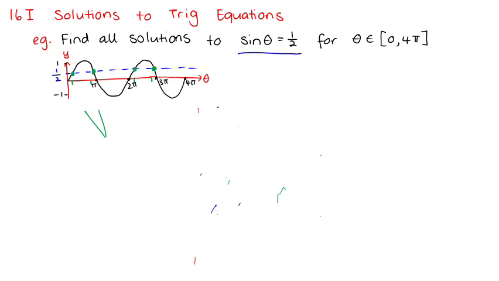So we want to know what all of those are. Right? So what we can do, think about normal trig. How do we get theta on its own?